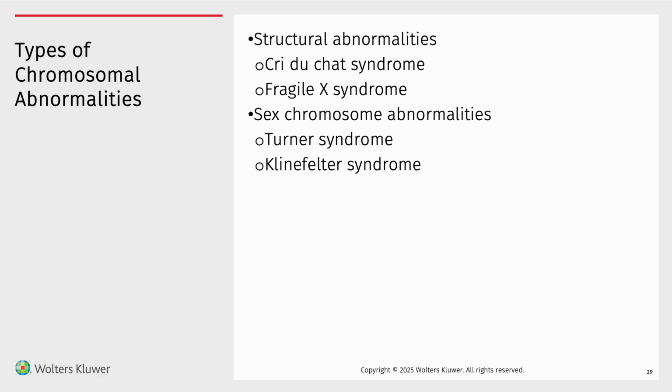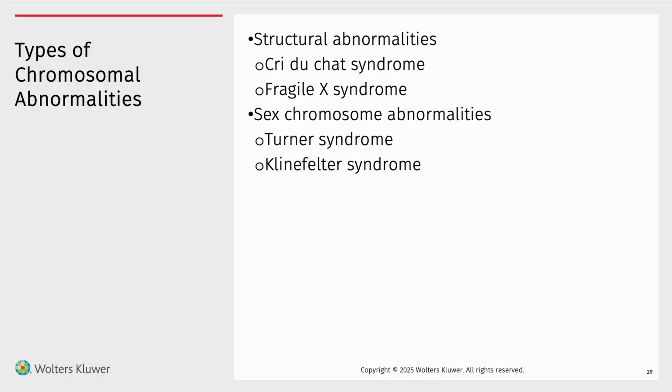How did they come up with this name? It's very distinctive: a cat-like cry in affected infants. You'll hear an infant crying and it sounds like a cat. Features include intellectual disability, delayed development, and distinctive facial features.